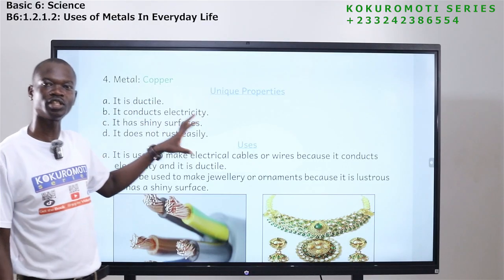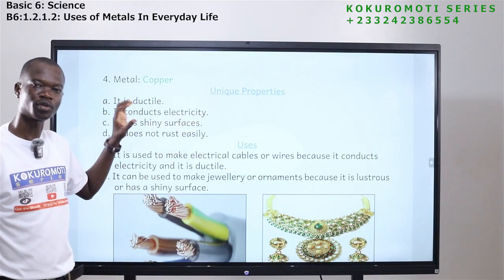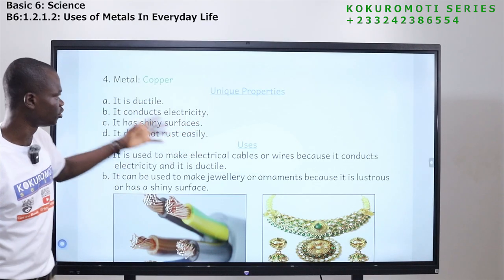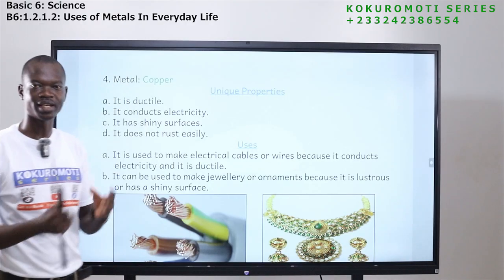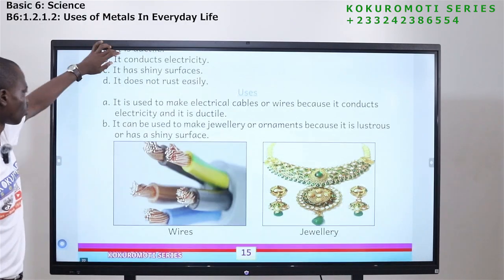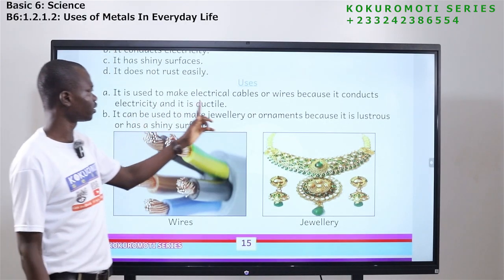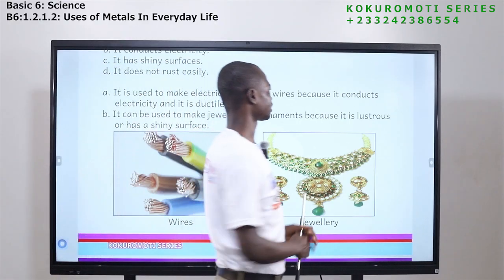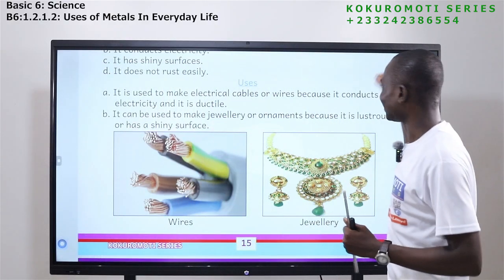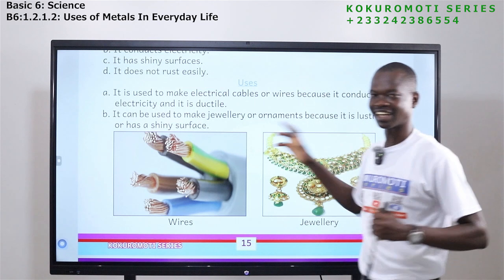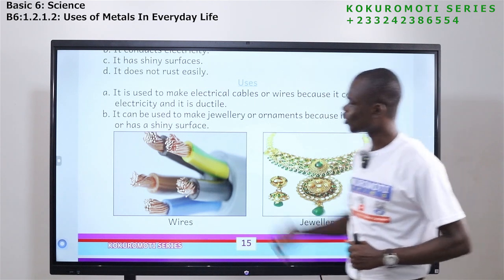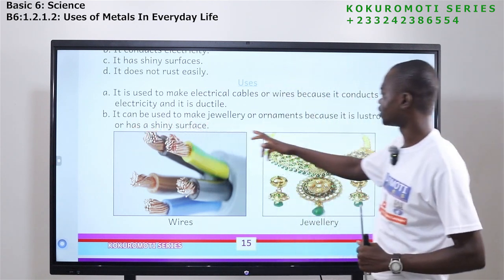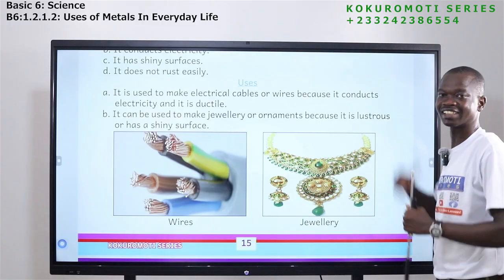So these are the unique properties of copper. And because of these properties, we use copper for so many things. Let's look at them. One, it is used to make electrical cables or wires. Why? Because it conducts electricity and it is ductile. Two, it can be used to make jewelry or ornaments because it is lustrous.